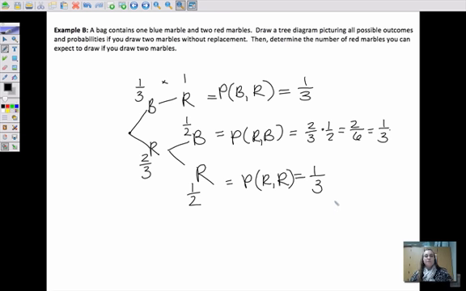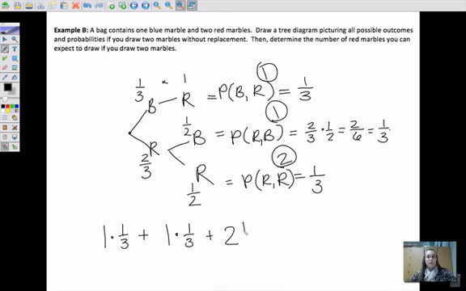Okay? So determine the number of red marbles you can expect to draw. In this one, you draw 1 red marble. In this one, you draw 1. In this one, you draw 2. So we would take 1 marble times 1/3 plus 1 marble times 1/3 plus 2 marbles times 1/3.